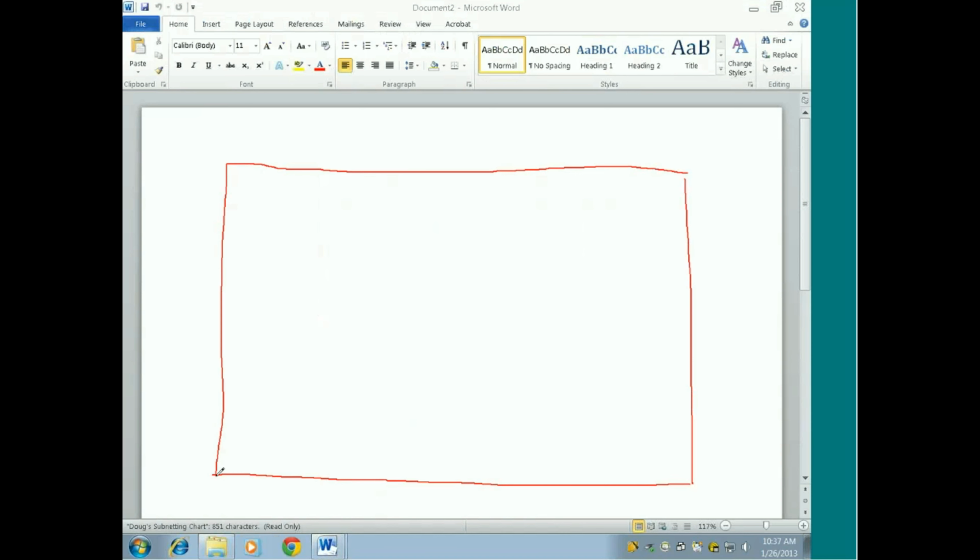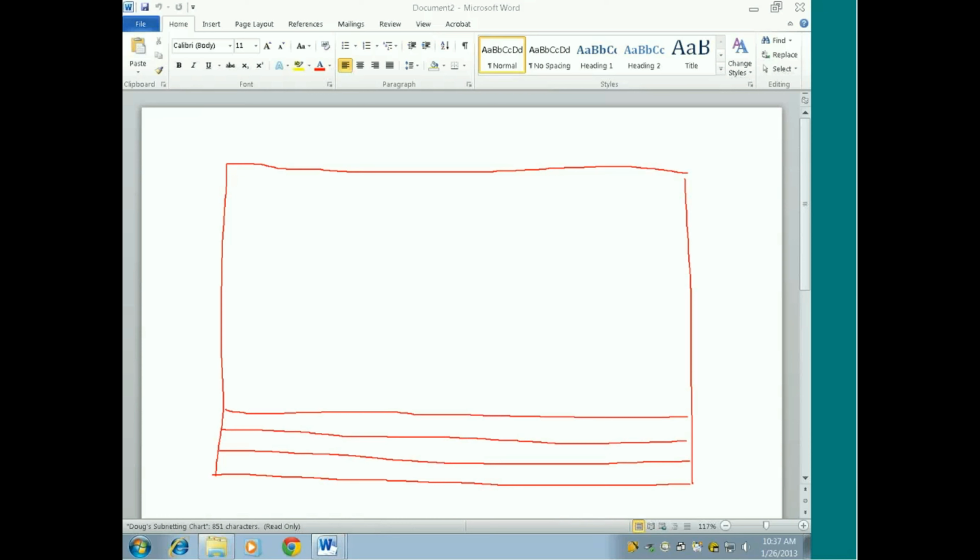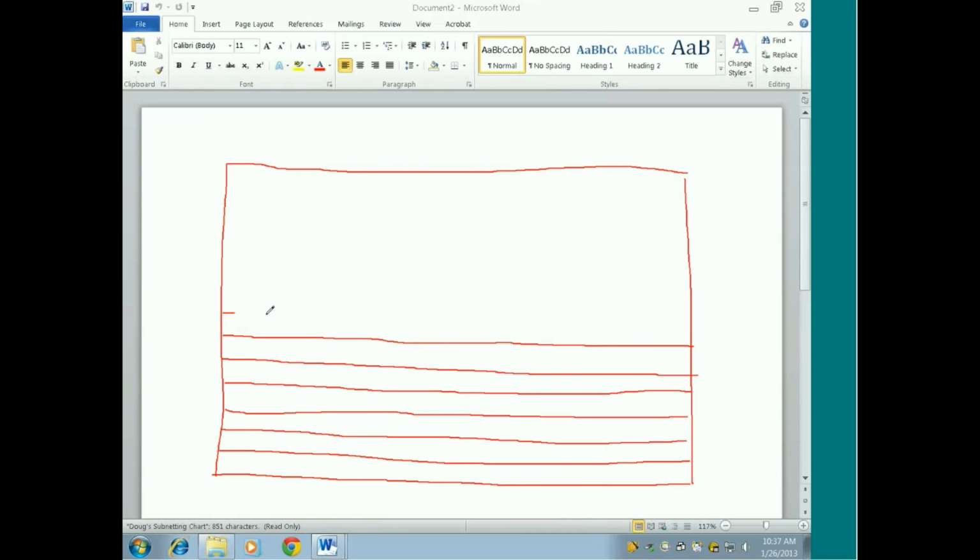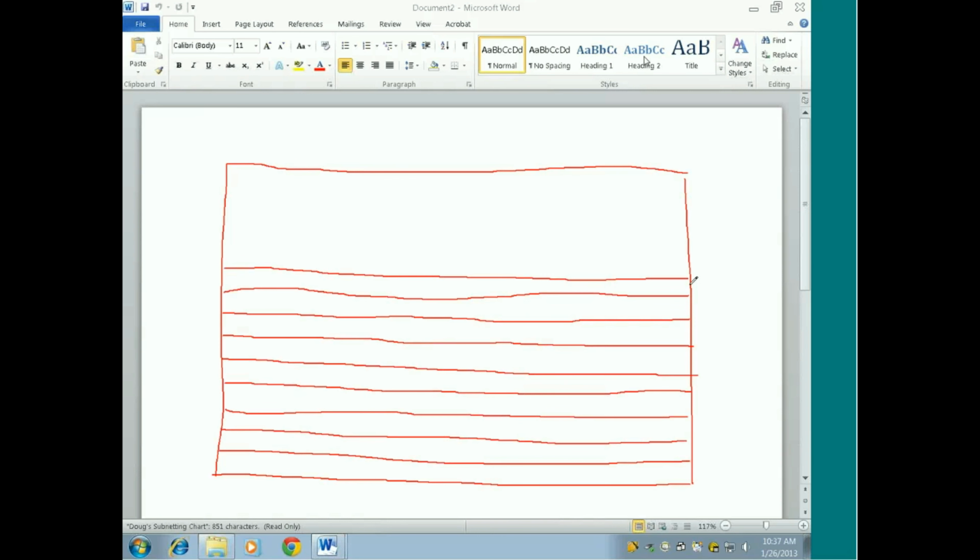I'm going to draw a rectangle over here on the right, and we'll start drawing horizontal lines. Now you're probably thinking, Doug, how many lines am I going to draw? I'm going to show you.